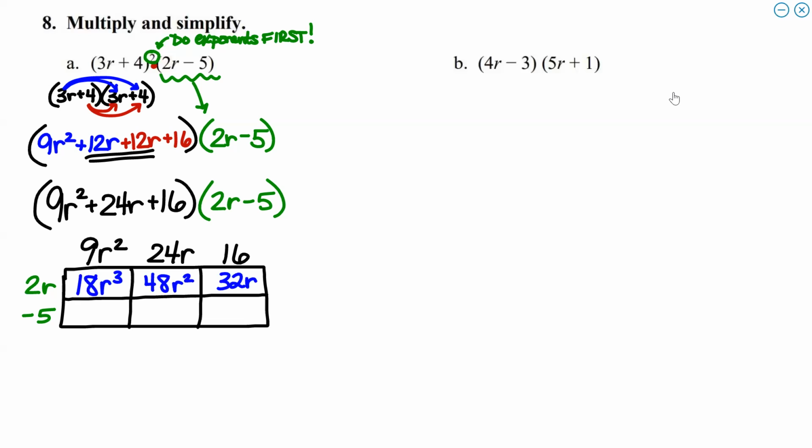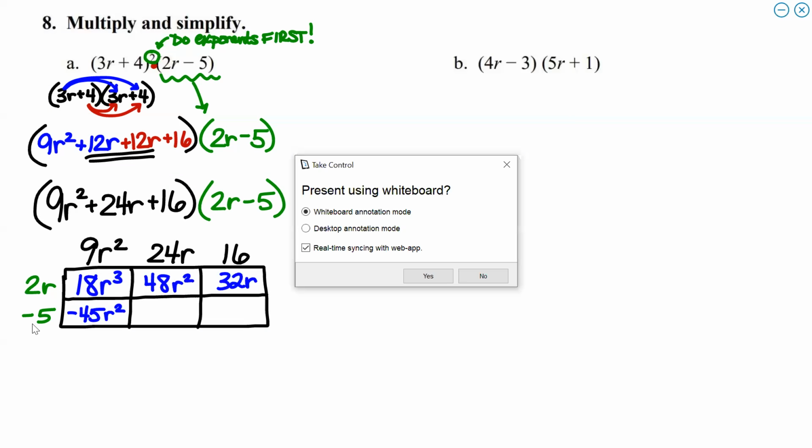Then I'm going to do this exact same thing with this -5 across the bottom. I'm going to multiply that to each of these pieces. -5 times 9r squared, -45r squared. Then I take -5 and I multiply it to 24r.